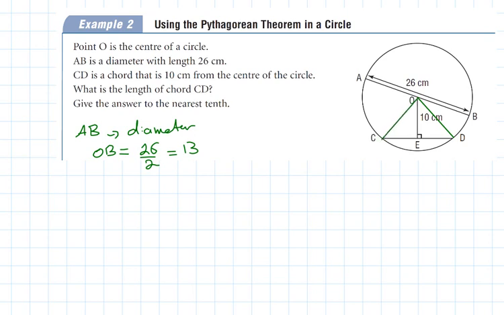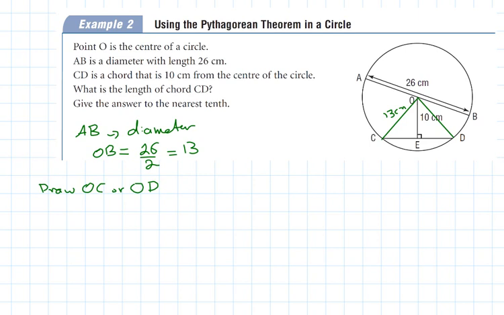So I would draw OC or OD. Why is that important? Because we know the length right here, OC and OD, both of them are 13 centimeters, because it's a radius, and we established that the radius is 13 centimeters, or half the diameter.